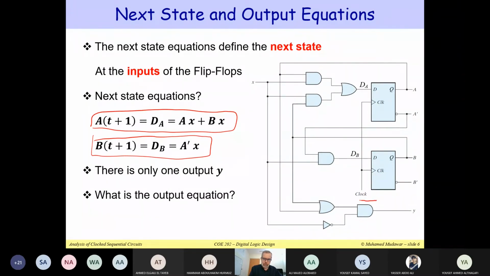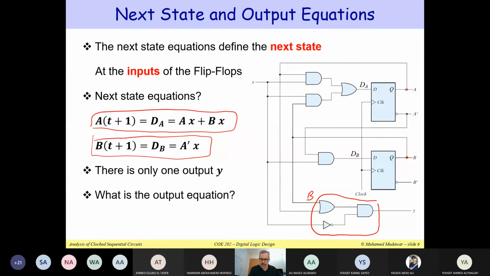So what is the output equation? We have this logic here for the output Y. Can you tell me what's the equation for Y? Can you see it? This is B, right? We are connecting B back all the way here to this OR gate.